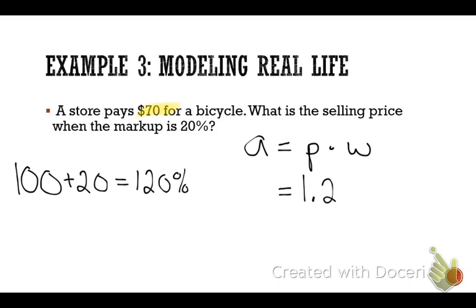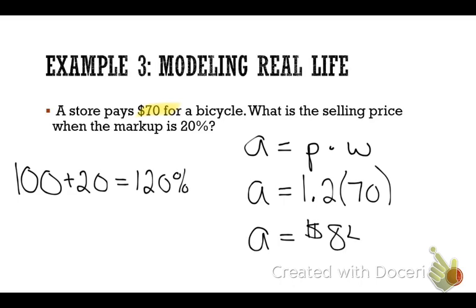The $70 is what they paid. That's the wholesale price. So the 70 goes here, and your out the door price, or your new price, is what you're trying to find. So 1.2 times 70 gives you the selling price of $84, or your new price after the markup.